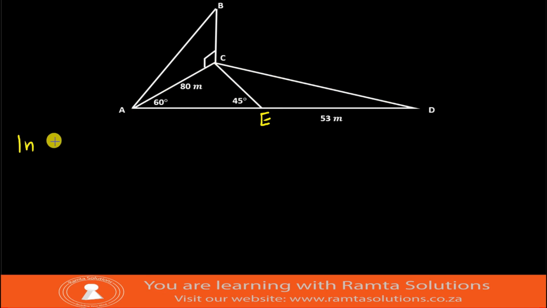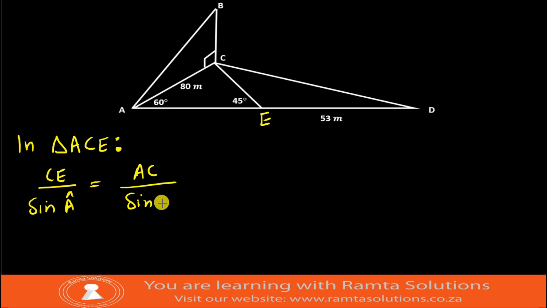I'm going to begin by saying in triangle ACE, you guys can agree with me that we can say CE over sine angle A is equal to AC over sine angle E. I used the sine rule because I'm noticing here I'm given an angle and I want to find its opposite side.